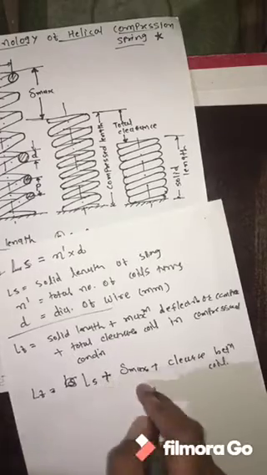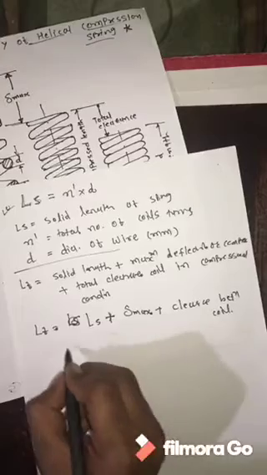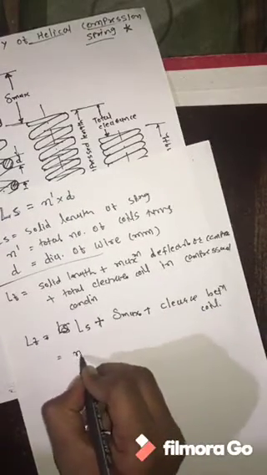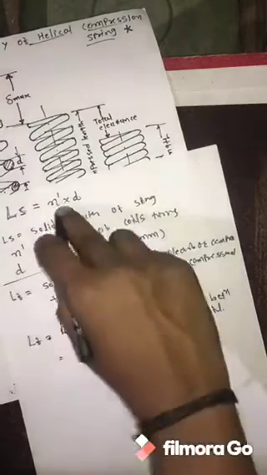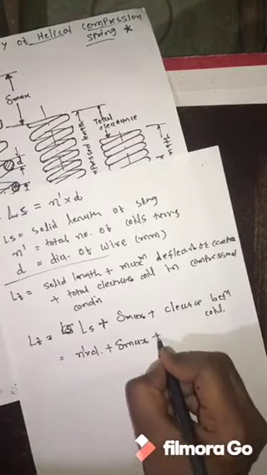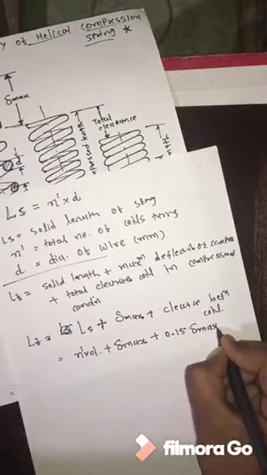LS means solid length, plus delta max, plus clearance between the coils. So that's why N dash into d means the solid length, plus delta max, plus 0.15 delta max. Why?